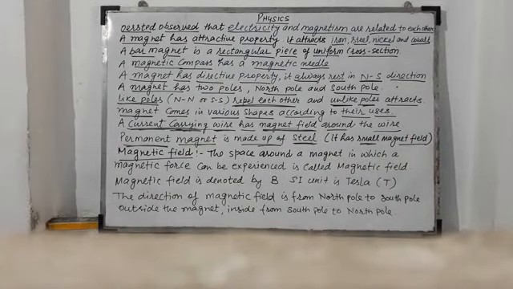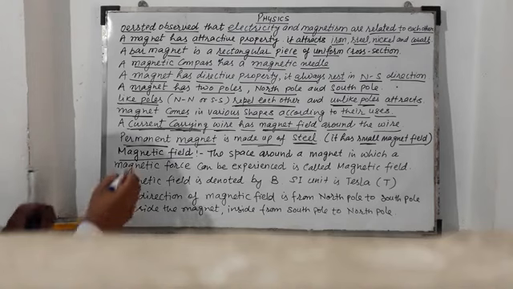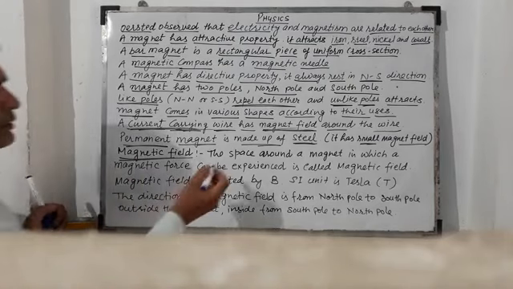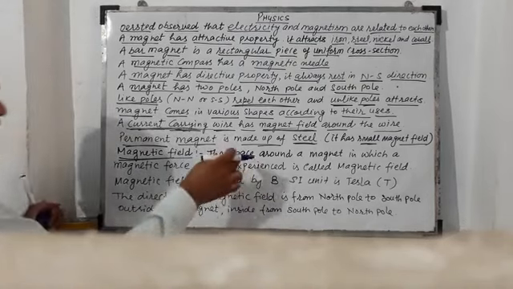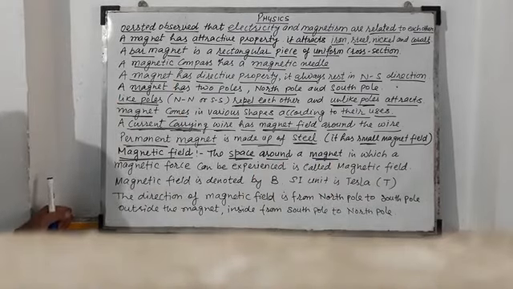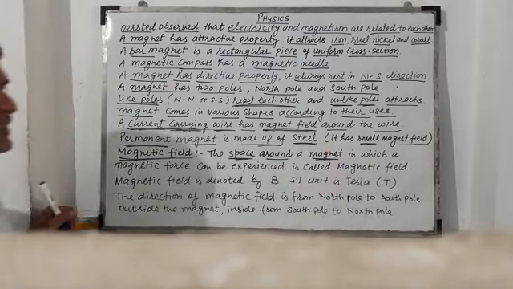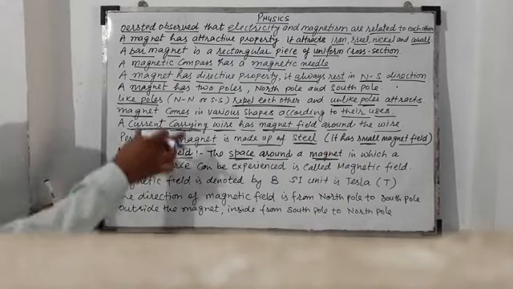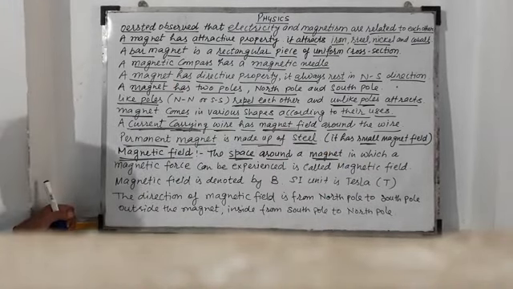Now, what is magnetic field? The magnetic field is the space around a magnet. And a current carrying wire also has a magnetic field.